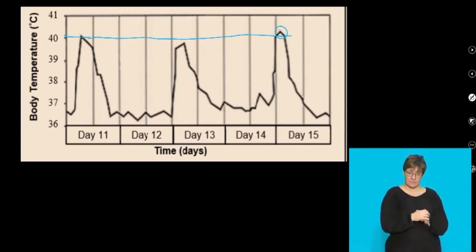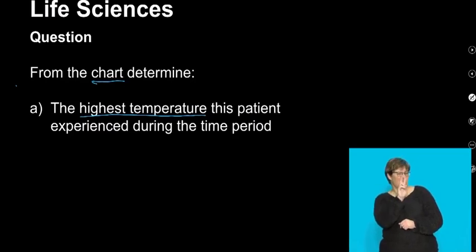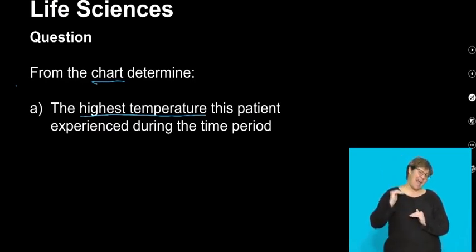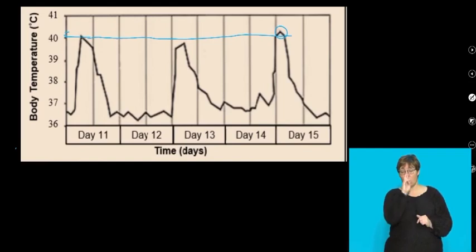We're going to double check the question. We're just double checking what we have to look at, and we're looking for the highest temperature this patient experienced. So if I go back over here, and I'm going to draw my line to approximately over here. Now look guys, it's between 40 and 41.